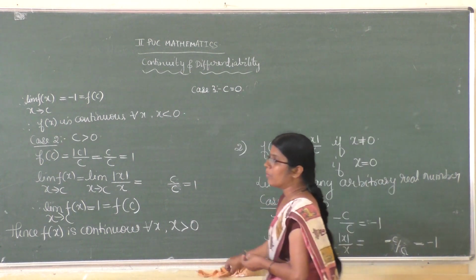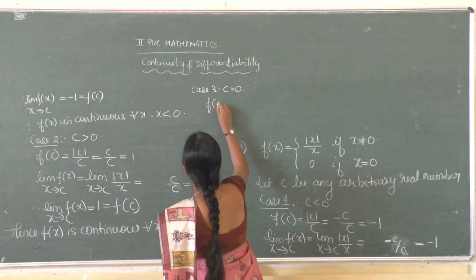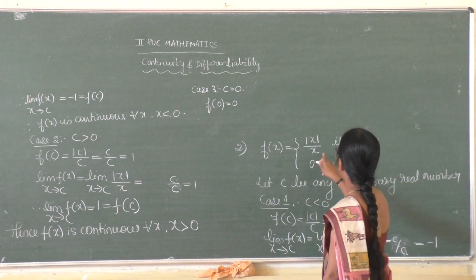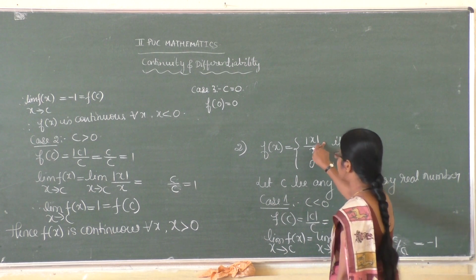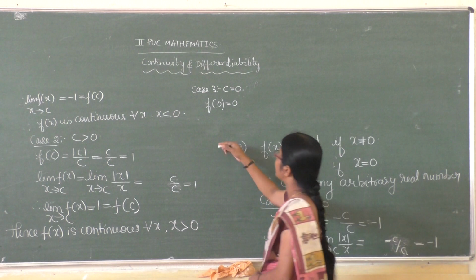When c equals 0, f of 0 is already given and equals 0. Limit of f of x as x tends to 0: since mod is there, we have to consider the left hand limit and right hand limit.